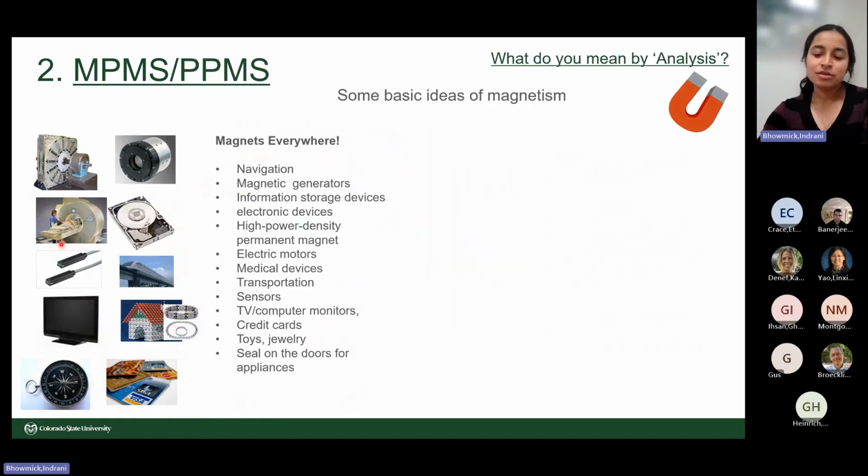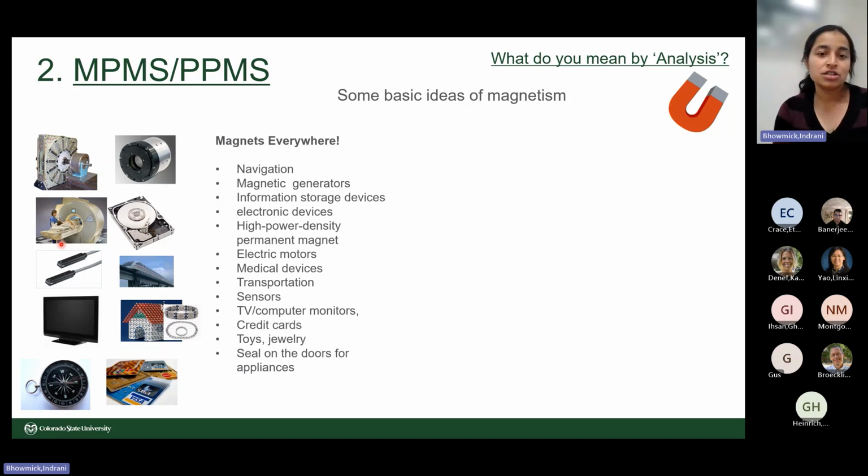Okay, so let's go into some applications a little bit. We talked about how we have lots of magnets in PPMS and MPMS and the control over them. Where do we use magnets? We have magnets, consciously or unconsciously, everywhere in our life.